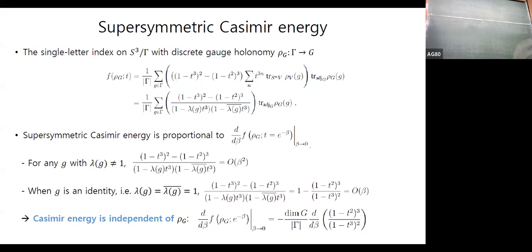But when you do not turn on the gauge holonomies, then lambda and lambda bar equal 1, and this will give you an order beta contribution. Meaning that while you are summing over all the discrete gauge holonomies, only the trivial sector contributes to the supersymmetric Casimir. So the Casimir is independent of introducing discrete holonomies.